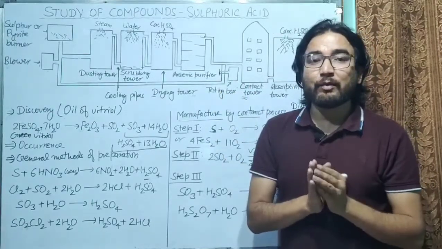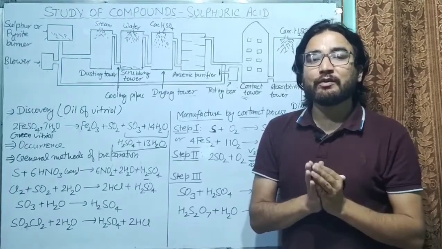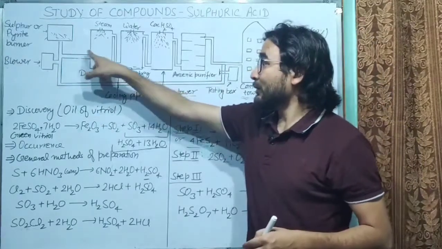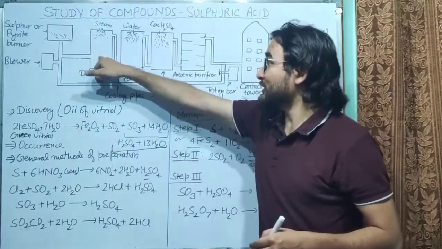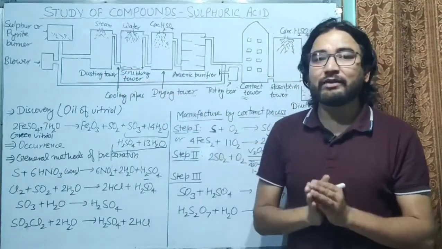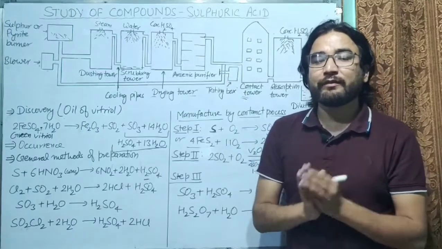This testing box checks whether the sulfur dioxide gas is purified or not. If it is not purified, then it will again go through the whole process, first the dusting tower, then the scrubbing tower, until it is purified.